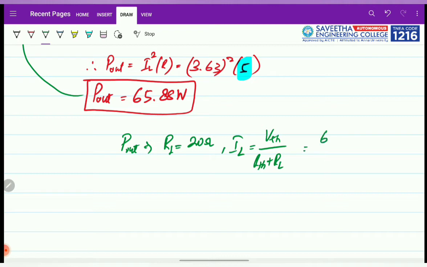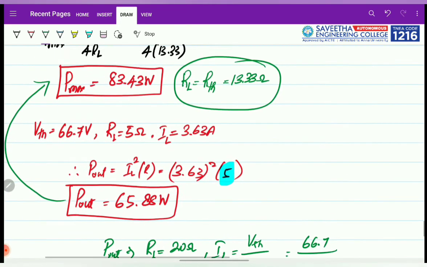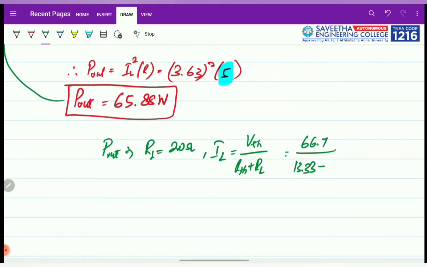So VTH was 66.7 and RTH was 13.33, plus the new RL value of 20. I get a value which is almost equal to 2.08, approximately 2 amperes.